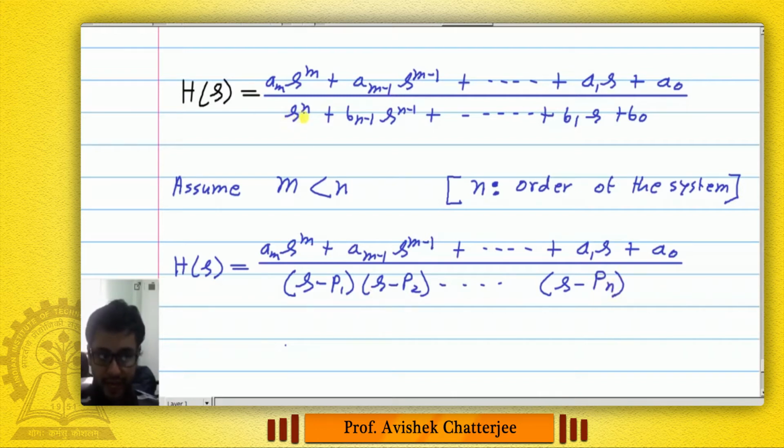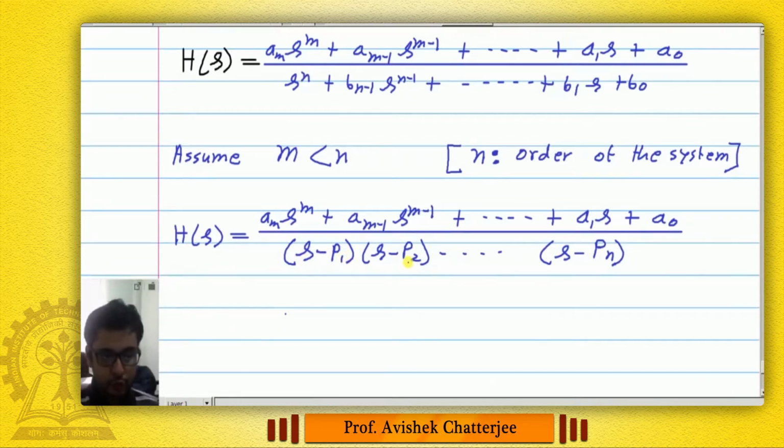So we have a polynomial which you can always factorize in this way for some values of p1, p2, ..., pn. Since the degree of this polynomial is n, you will get n factors like this.